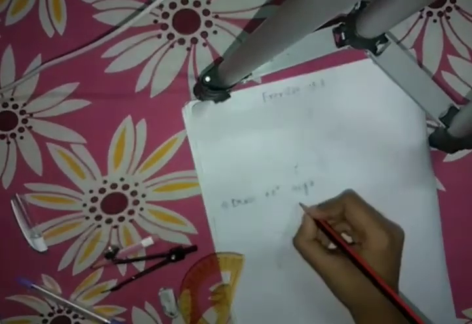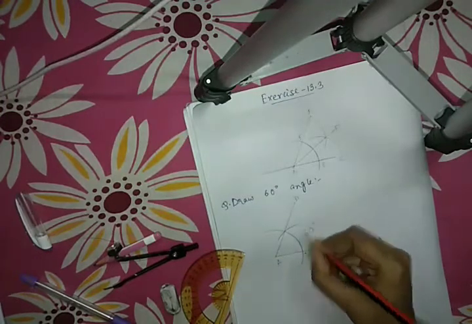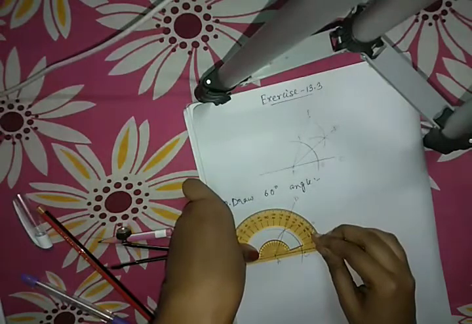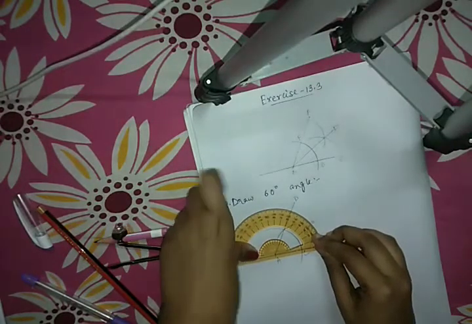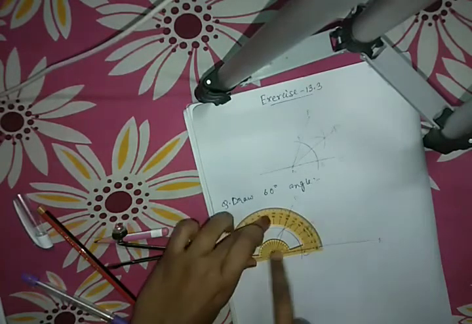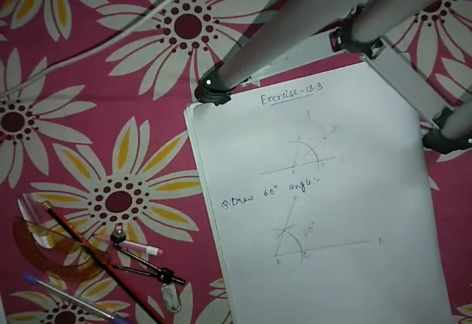So DAB is a 60-degree angle. You can measure this angle. You can see this is a 60-degree angle DAB. So this is done.